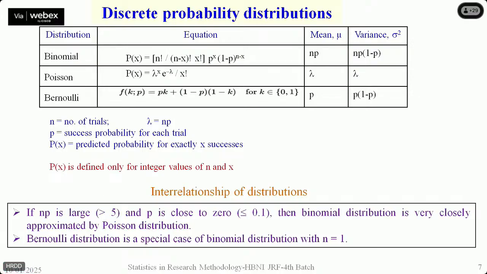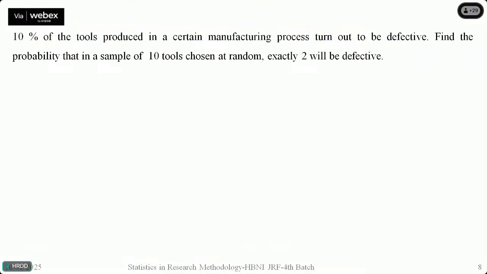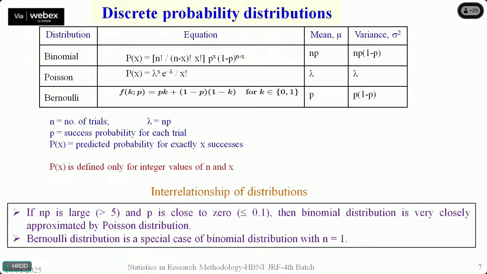For whoever is going to use this type of distribution in future, I have given one simple example so that you get a grip of these different types of distributions: Binomial, Poisson and Bernoulli distribution. You need not memorize the equation. Just understand how the calculation is done directly using the equation. I'll show you the question and come back to this slide so that you get a feel.